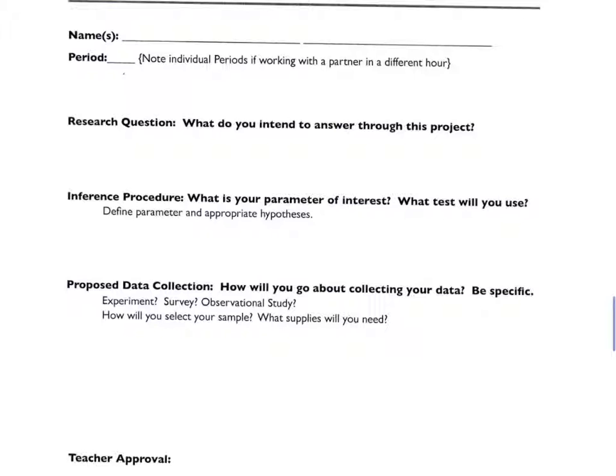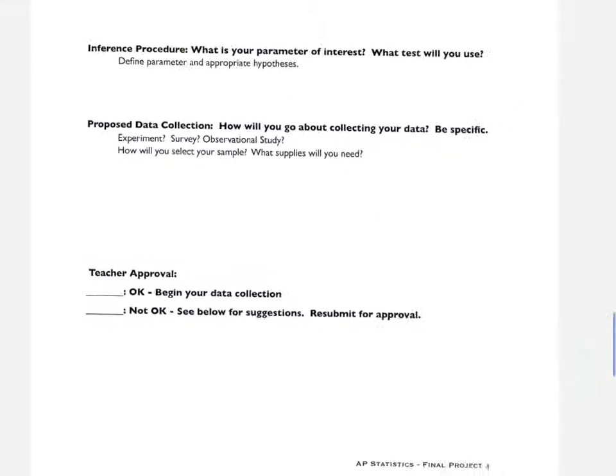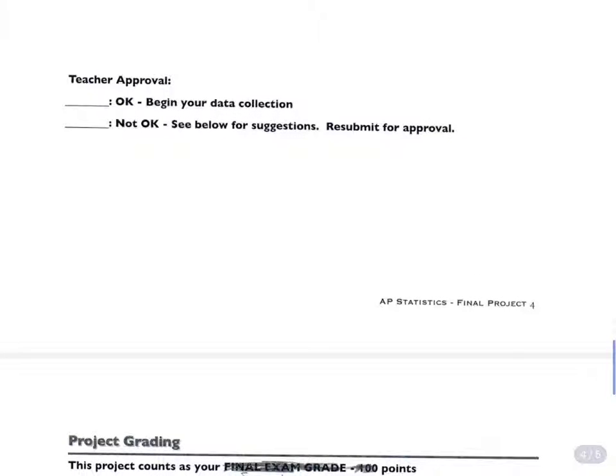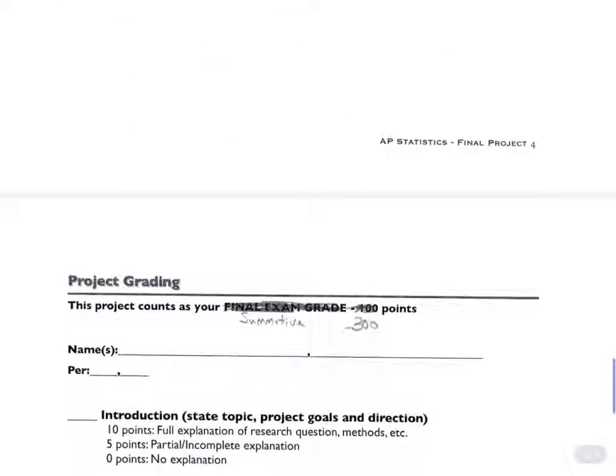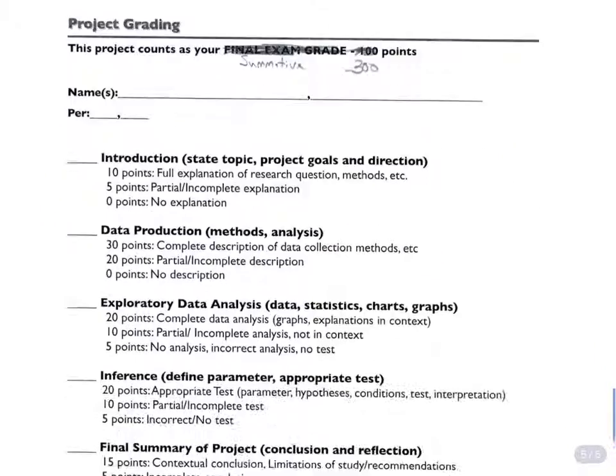This will be a 100-point summative grade, so as long as you turn it in and fix any corrections I tell you to, then you're going to get 100. So easy summative grade. If you turn in today, I'll put it in. So if you need a little grade boost, then we'll boost up your grade a little bit for progress reports.